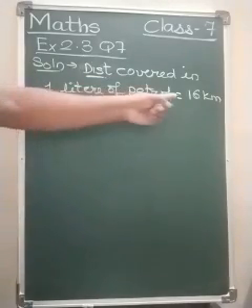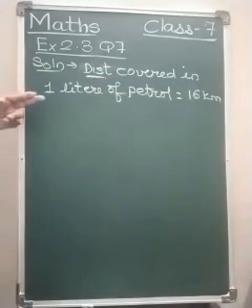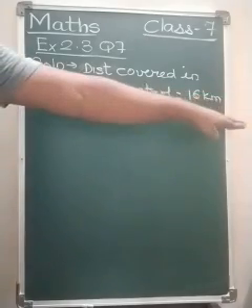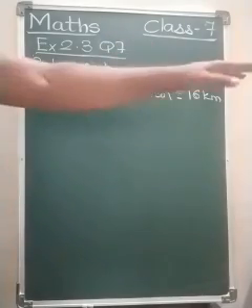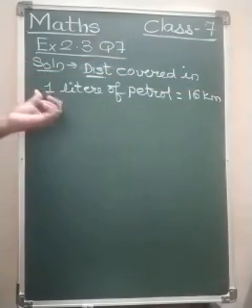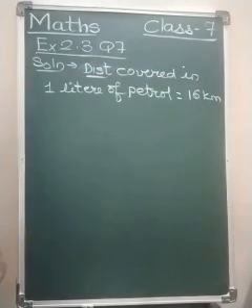So 1 liter, 16 kilometers. Suppose you take 2 liters, 16 plus 16, 32 kilometers, 3 liters, 48 kilometers. Now instead of 1, they have asked 2 3/4 liters of petrol.